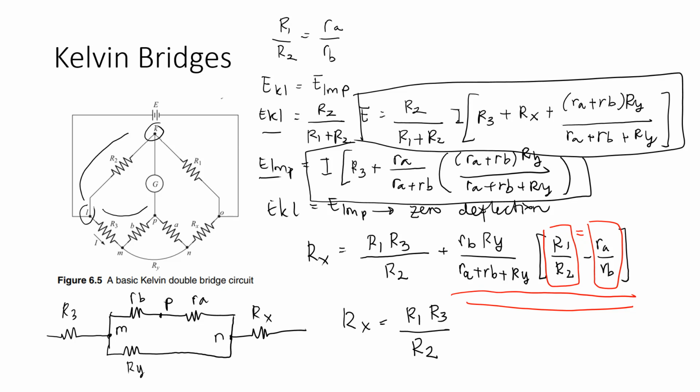Okay, so the Kelvin bridge in this situation we can use to measure the very small unknown resistor here, Rx, because in this situation we consider the resistance between the M, P and N.